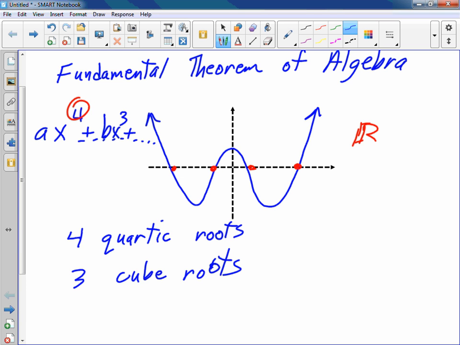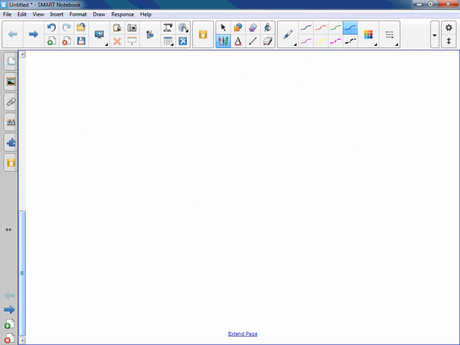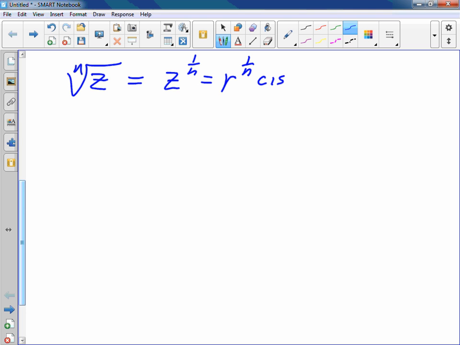So you saw in your text that the nth root of z, of course, is equal to z to the 1 over n power, and that is equal to r to the 1 over n power cis theta over n plus k times 360 degrees over n.